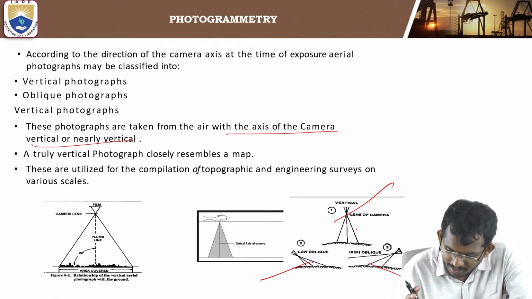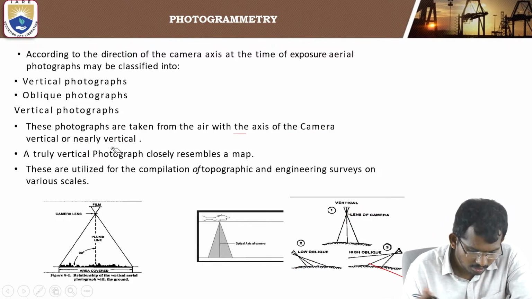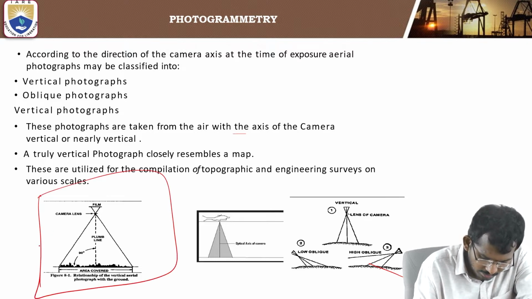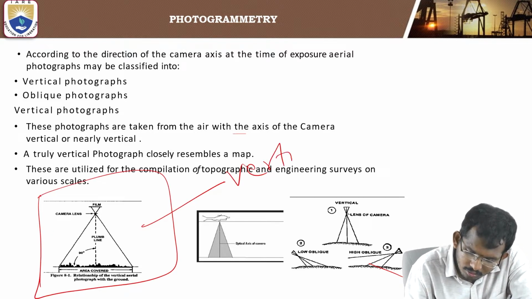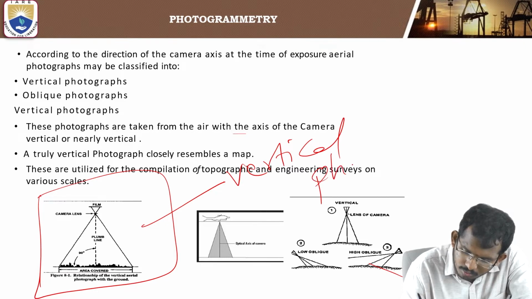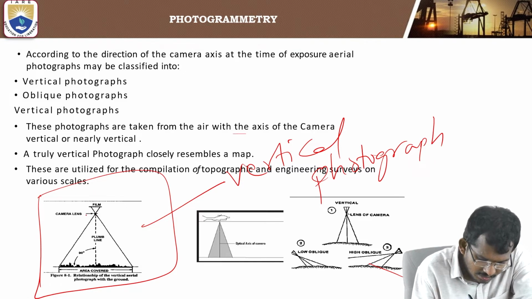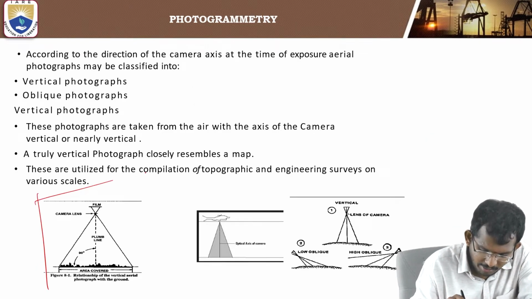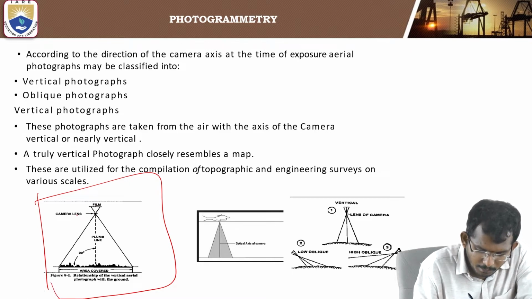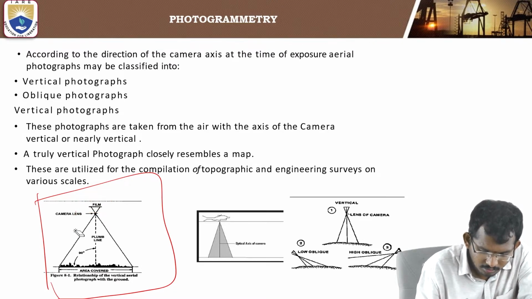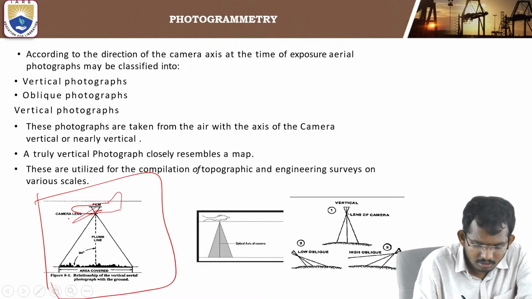If you see this image, it is an example of a vertical photograph. This entire structure you are seeing here is in your aircraft.